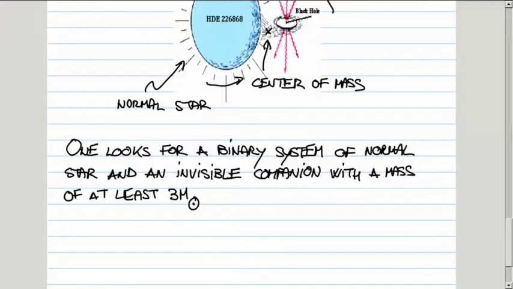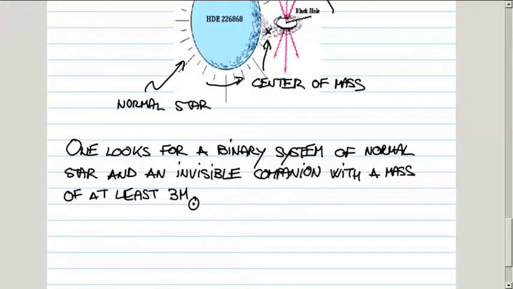And you can work out the mass by observing the orbit of the normal star and applying essentially Newton's laws of motion and gravitation, in particular Kepler's third law as formulated by Newton, to work out that the companion that you can't see has a mass of at least 3 solar masses.